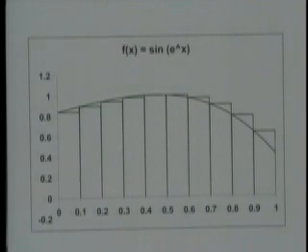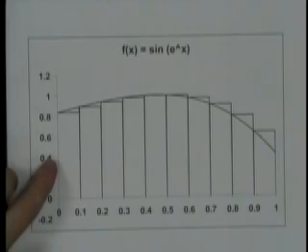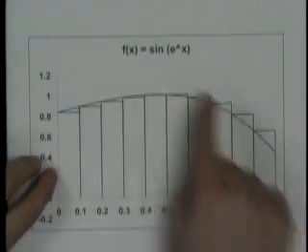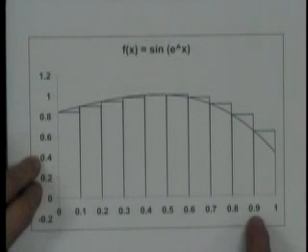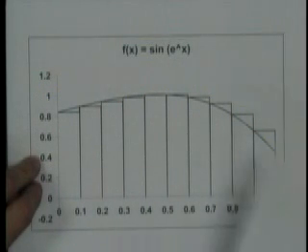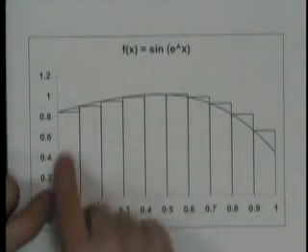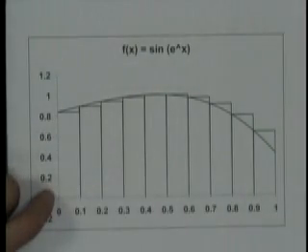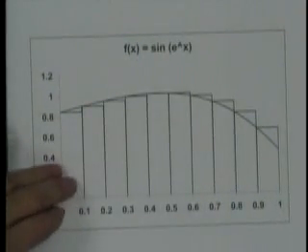So if I was trying to use this technique to find the area, the antiderivative, of sine of e to the x from 0 to 1, what would I need to do? Well, I'd need to find the value of my function at the left endpoint of every one of these rectangles and then add those times the width of my rectangles. We call this a left-hand sum.